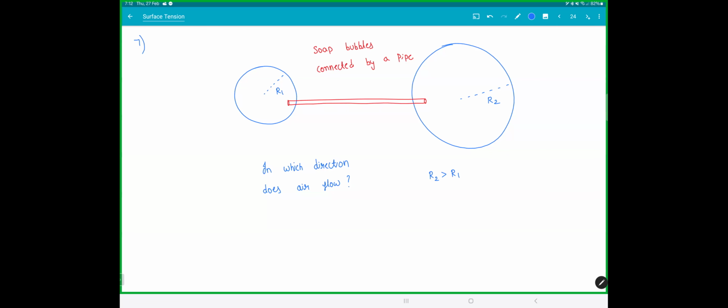This was a PYQ. Think, I'll give another 10-20 seconds.